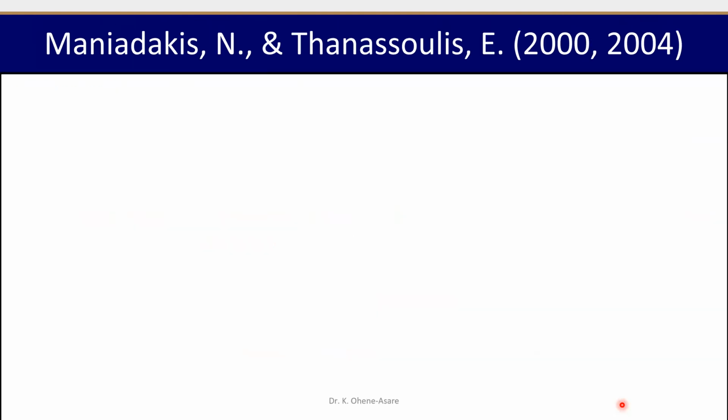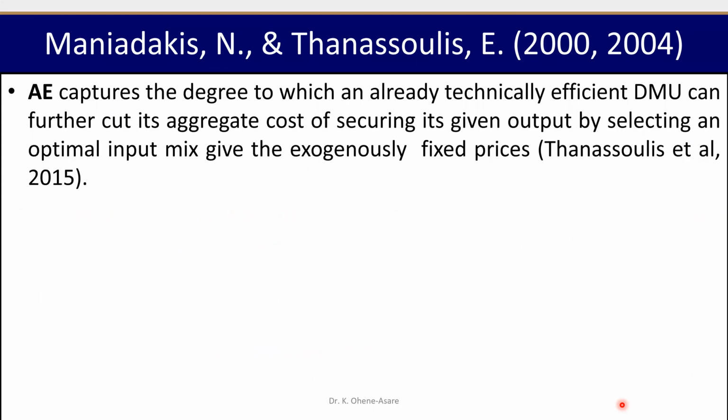The Cost Malmquist was introduced by Maniadakis and Thanassoulis in 2004, published in the European Journal of Operational Research. In there, they are able to explain allocative efficiency. And what is that?